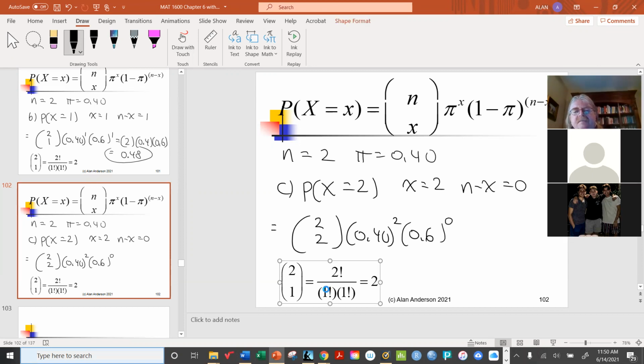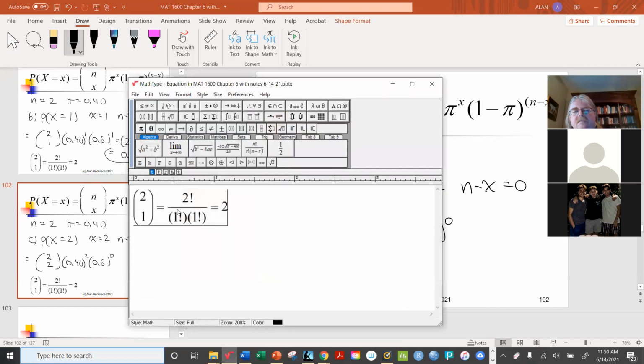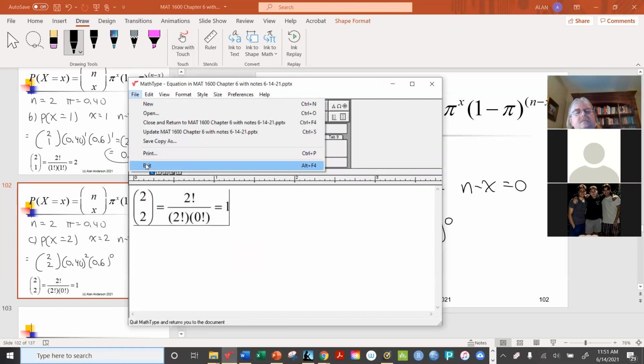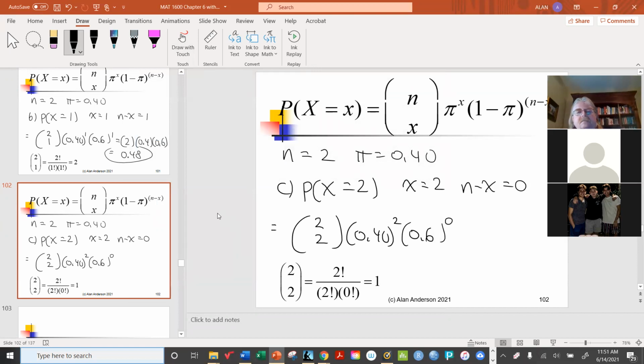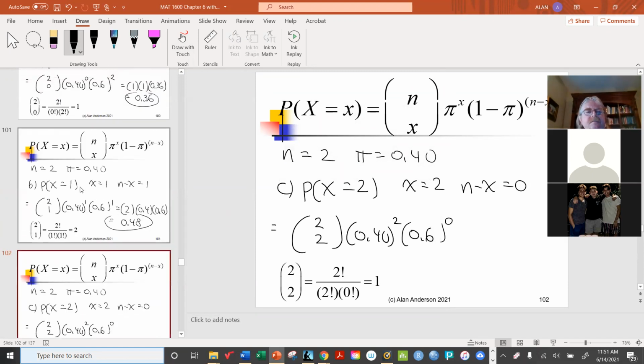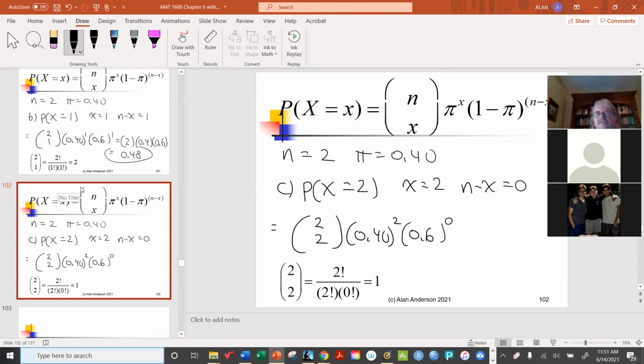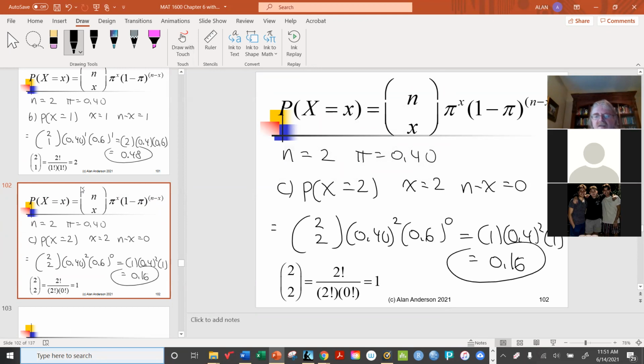It's actually letting me do it. Okay. So we have 1 times 0.40 squared times 1, 0.16.